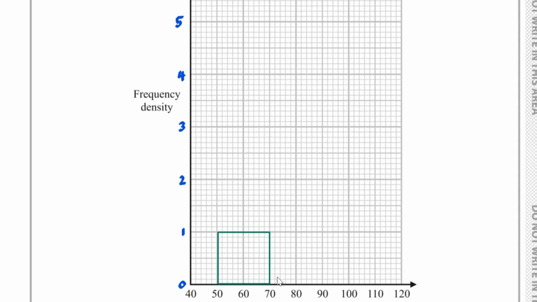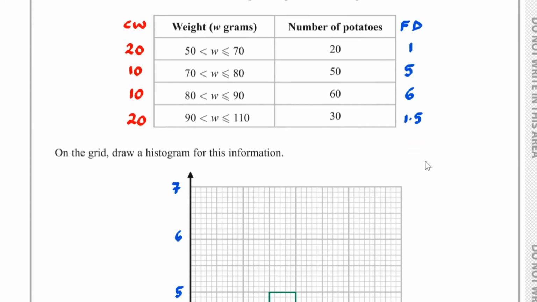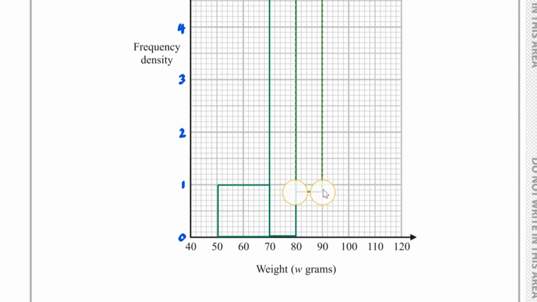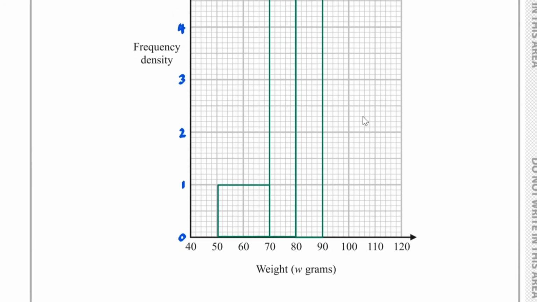And then 80 to 90, we've got 6. And then from 90 to 110, we've got 1.5.